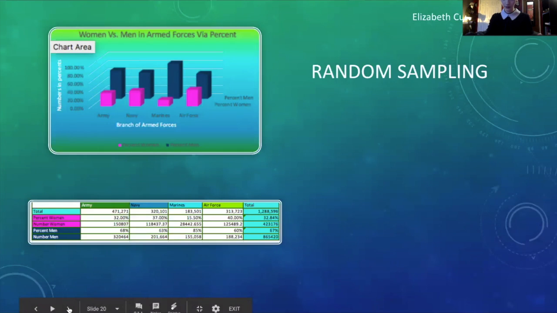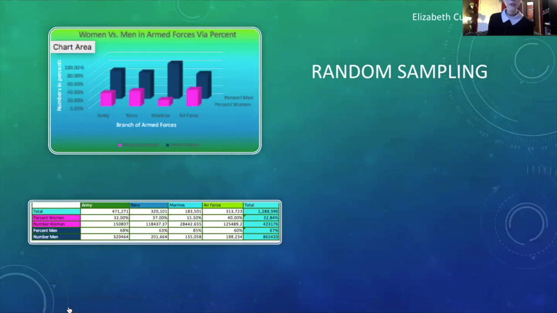I'm just reading my notes, sorry. Random sampling. Random sampling helps in gathering data. Statistically speaking, a random sample is a subset of individuals chosen from a larger set, chosen by chance and randomly, which we did for selecting the probability of men and women in the armed forces and what branches.